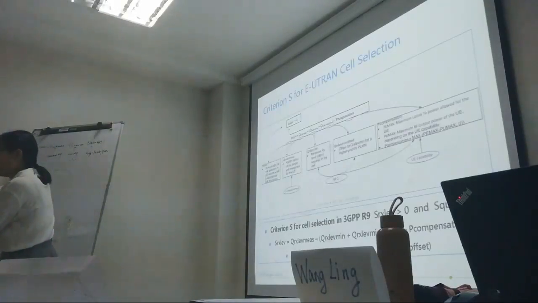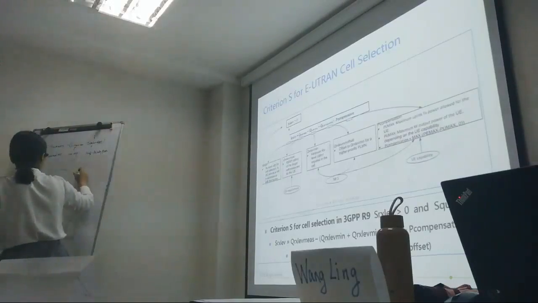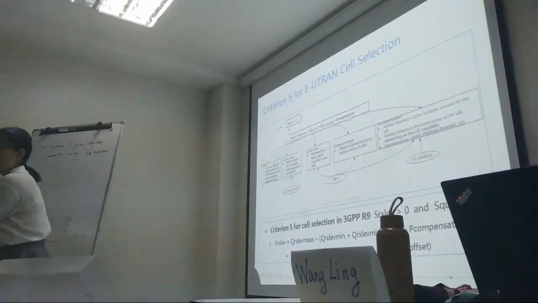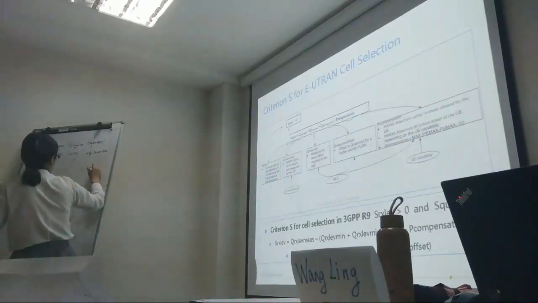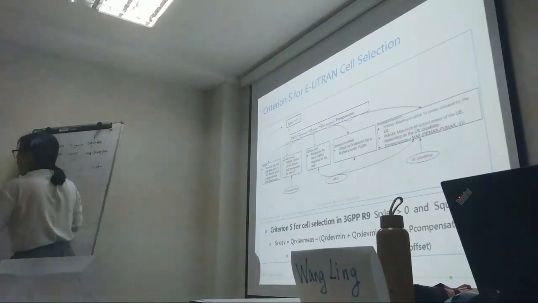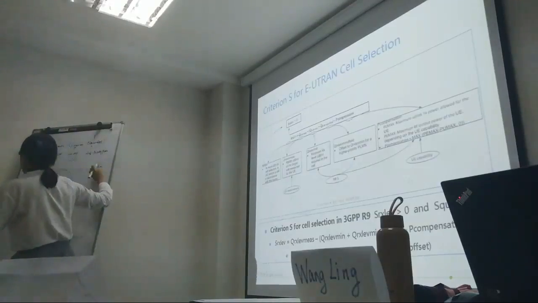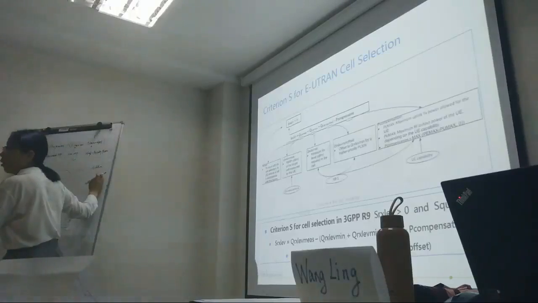But if two UEs have different power capabilities, for example UE1, the network sets the UE maximum transmit power as 23 dBm. But the UE may have a different capability. It may be greater than this value, the same as this value, or less than this value.